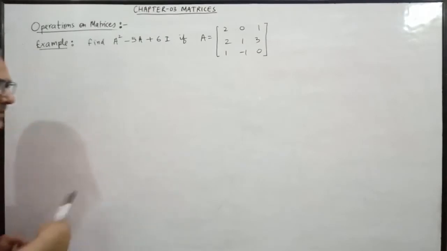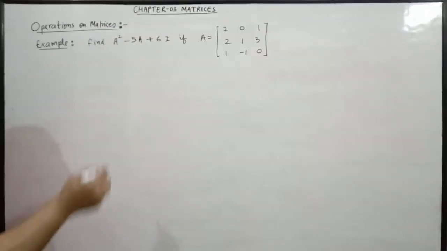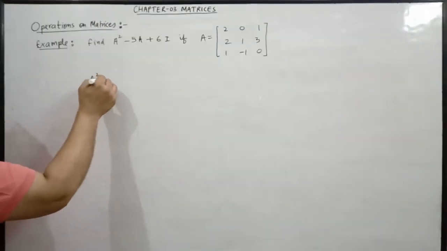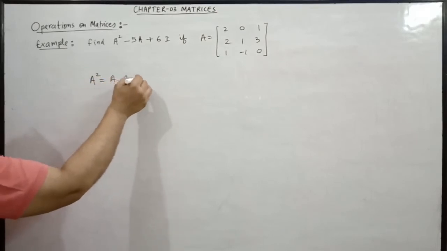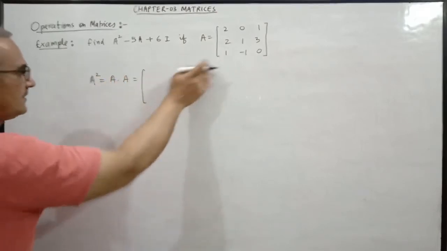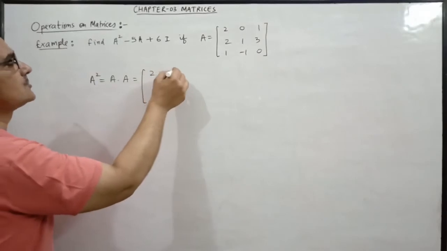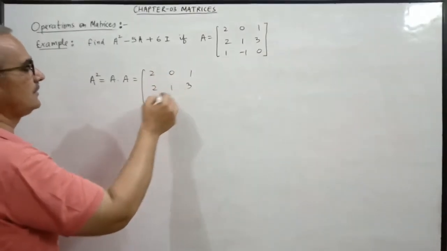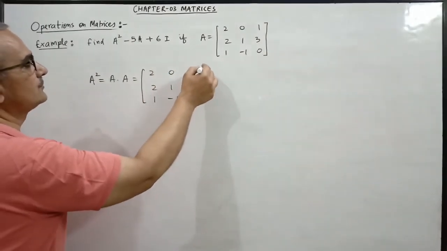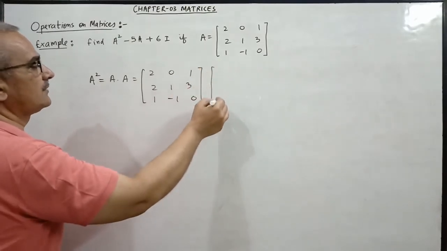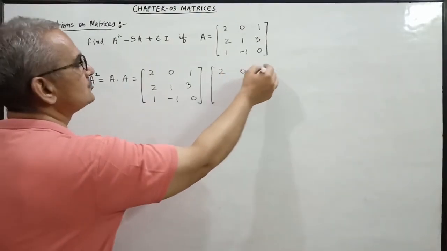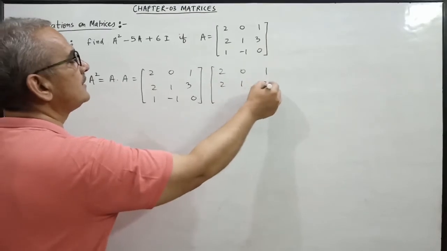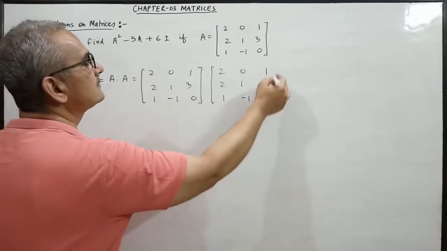So first of all in this question we have to find out A square. A square means we have A multiplied by A, so we write this matrix A two times: 2 0 1, 2 1 3, 1 minus 1 and 0, and again 2 0 1, 2 1 3, 1 minus 1 and 0.